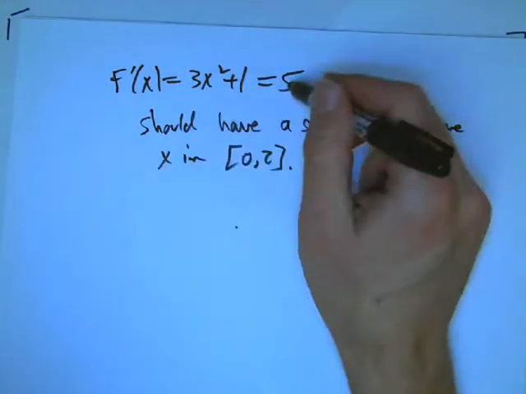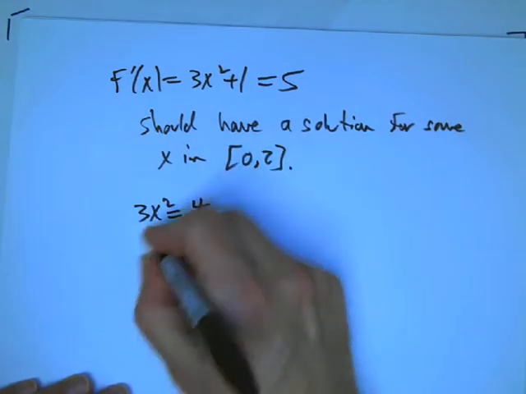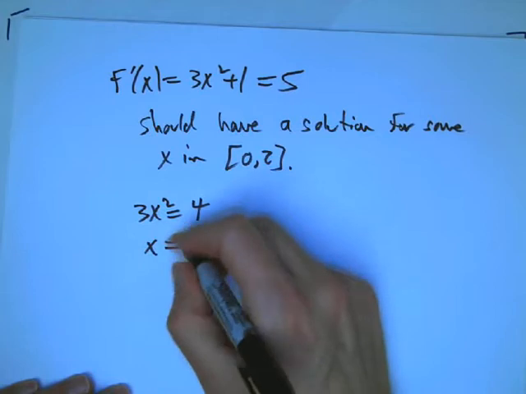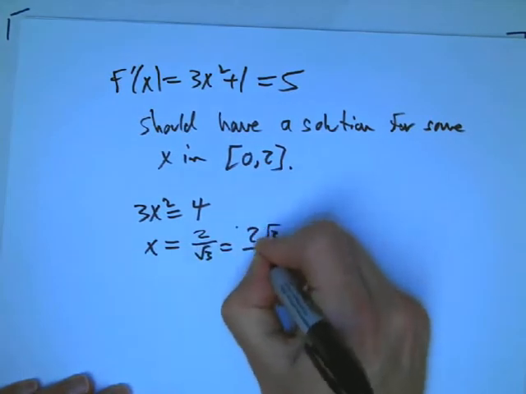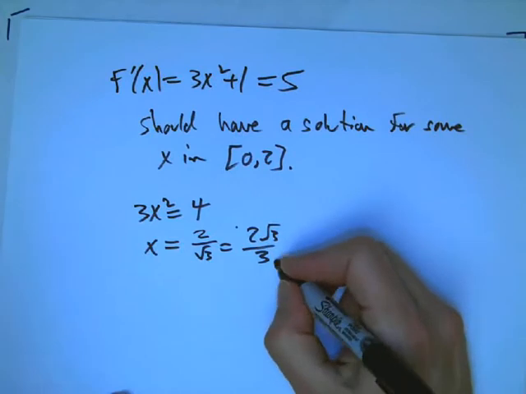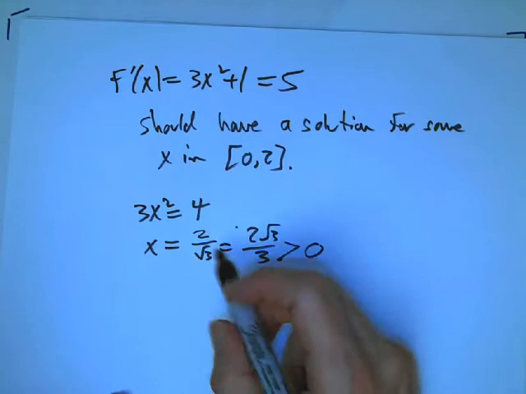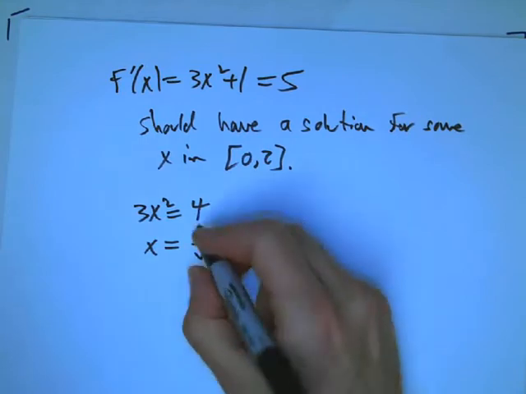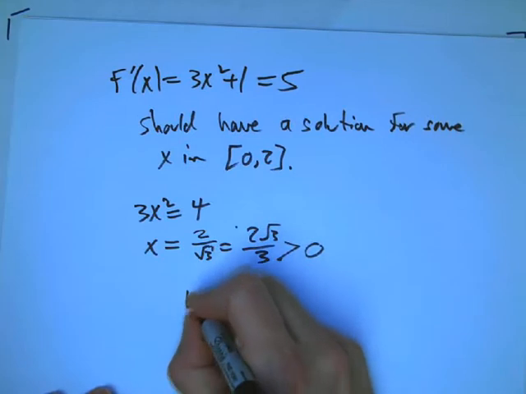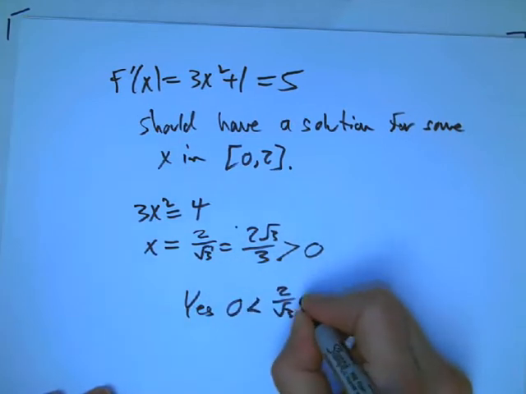It wasn't that there's some totally unrelated x that had the right slope. There should be some x in the interval where that actually works. And so we just move the 1 over, and so x equals 2 over root 3, or if you like to rationalize, 2 root 3 over 3. Well, let's see. Is this actually between 0 and 2? It's certainly positive, and it's less than 2 because I'm taking 2 and dividing by root 3, and root 3 is bigger than 1. Okay, so yes.